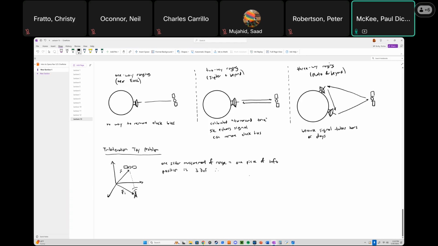Therefore, 3 measurements gives a solution. Not exactly. 4 measurements gives a unique solution.